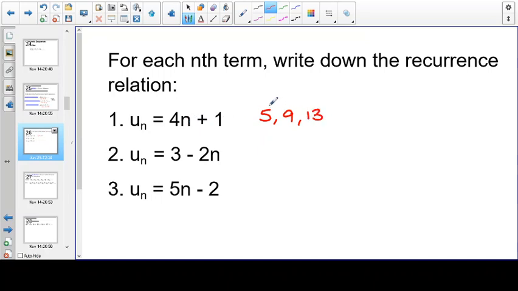So you can see it's going up by 4 each time. So if we wanted to write down the recurrence relation, it's going to be un+1 equals un plus 4, where the first term is 5.